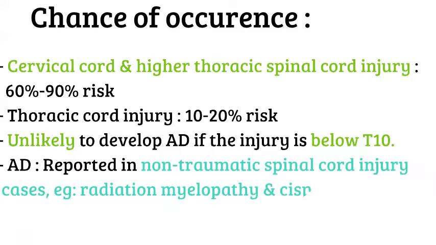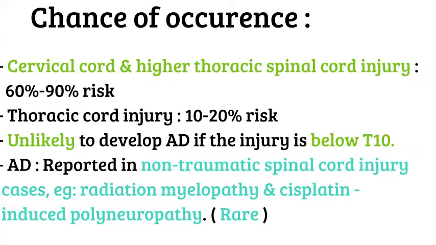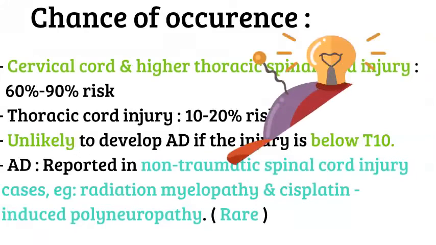It is unlikely to develop autonomic dysreflexia if the injury is below the T10 level. Autonomic dysreflexia is also reported in non-traumatic spinal cord injury cases. For example, radiation myelopathy and cisplatin-induced polyneuropathy have been reported as rare cases.